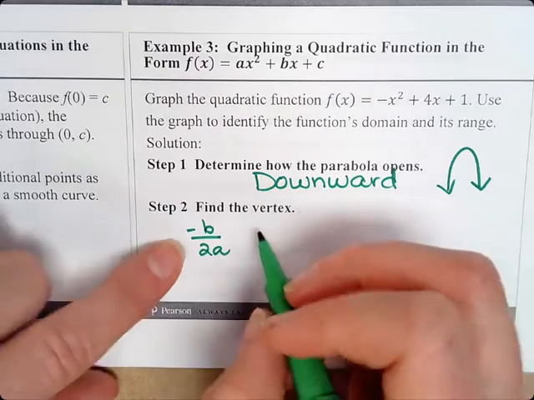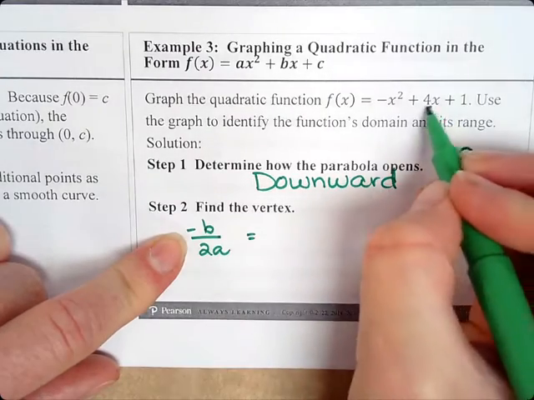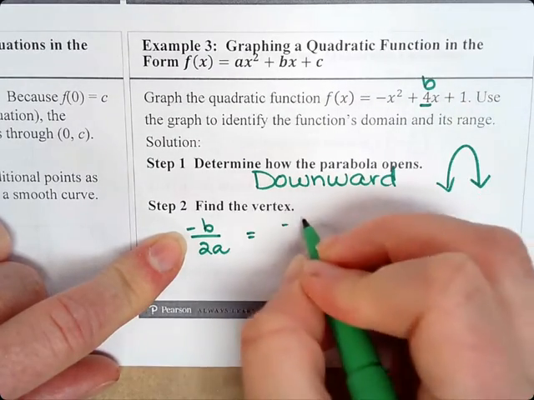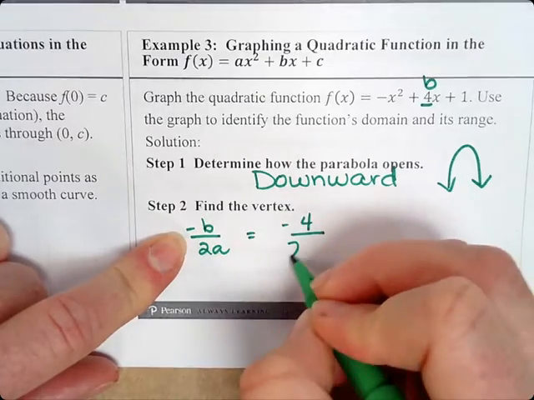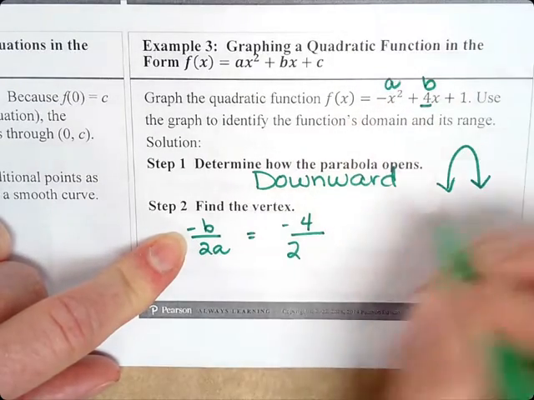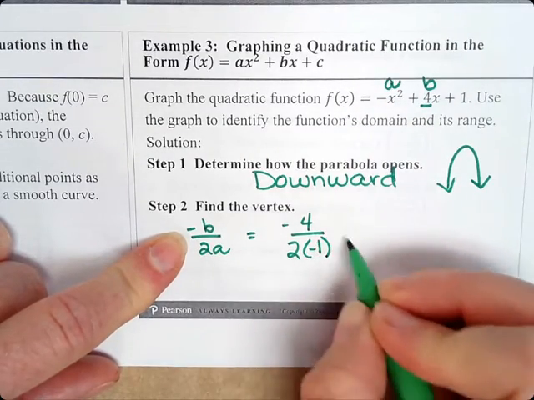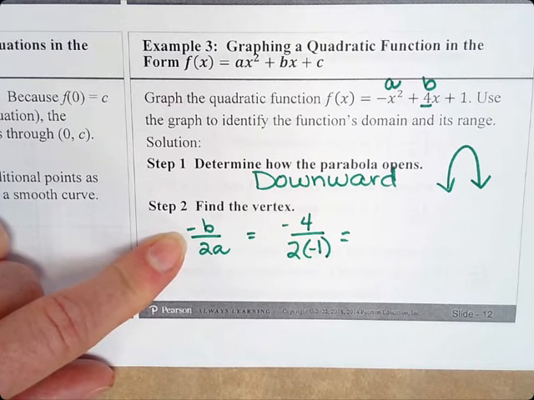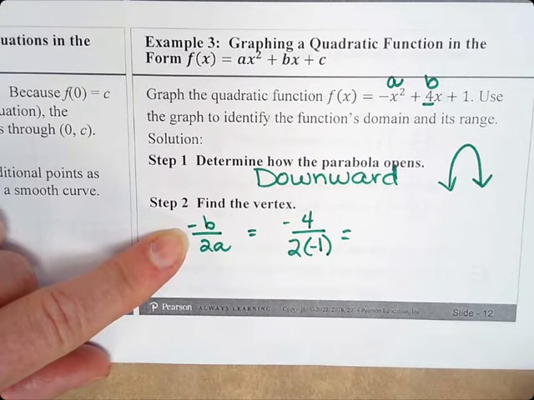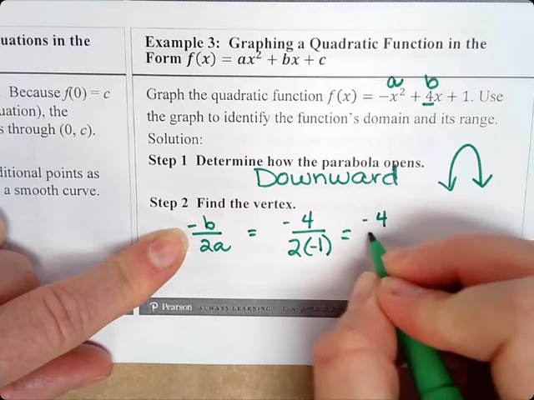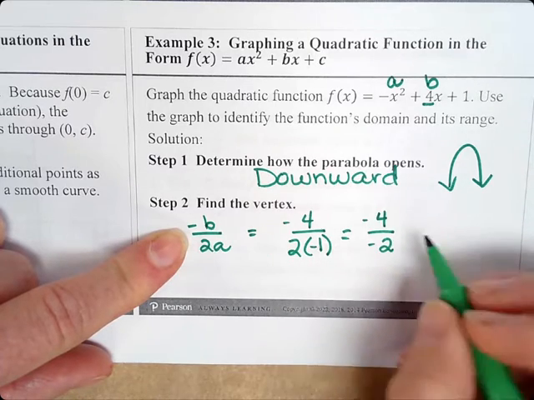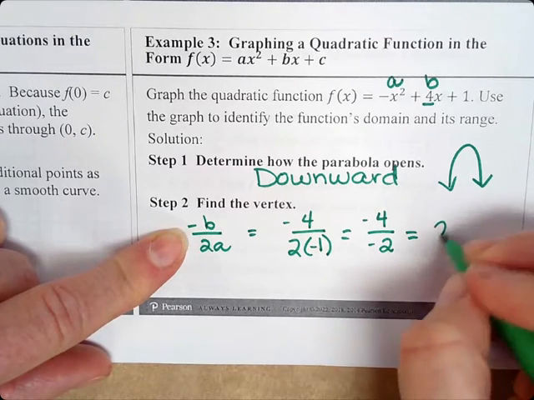So what is the b value? 4. So negative 4 over 2 times a negative 1. So we have negative 4 over negative 2, which just gives us a 2.